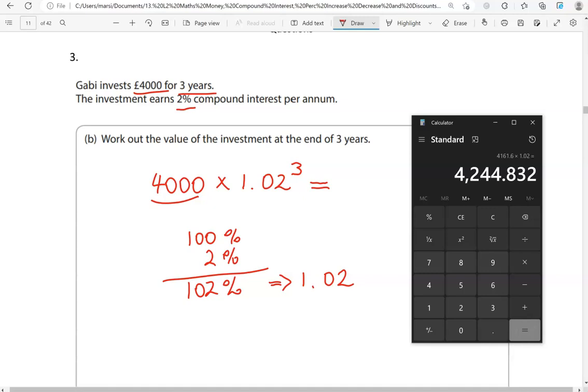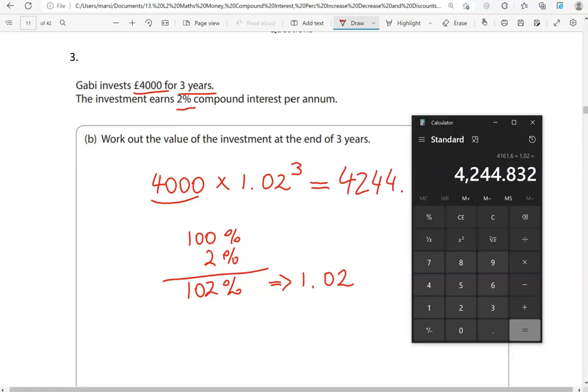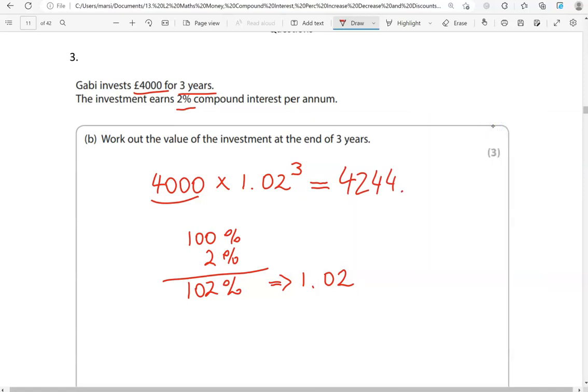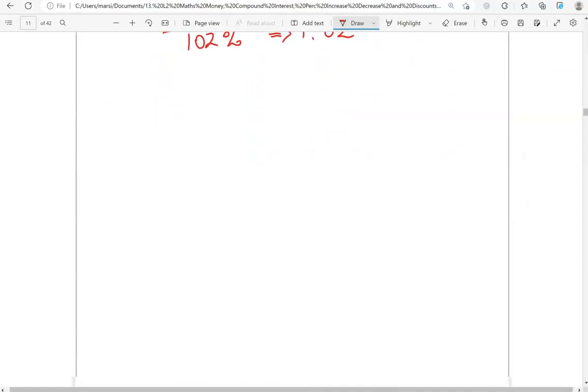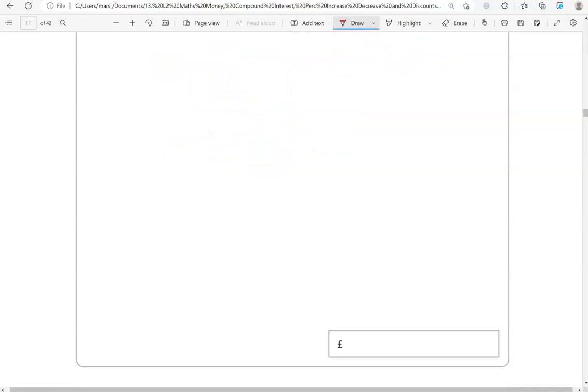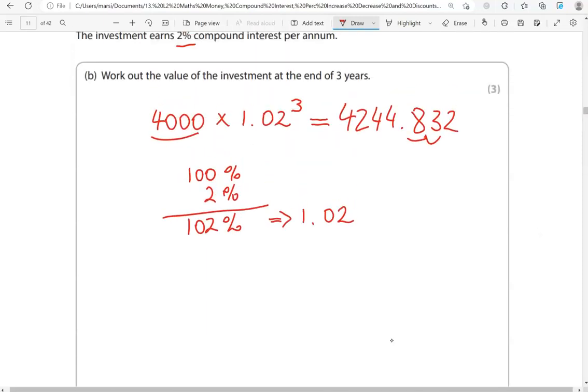So the answer is 4,244.832. So this is £4,244 and 83 pence, rounding this to 2 decimal places.